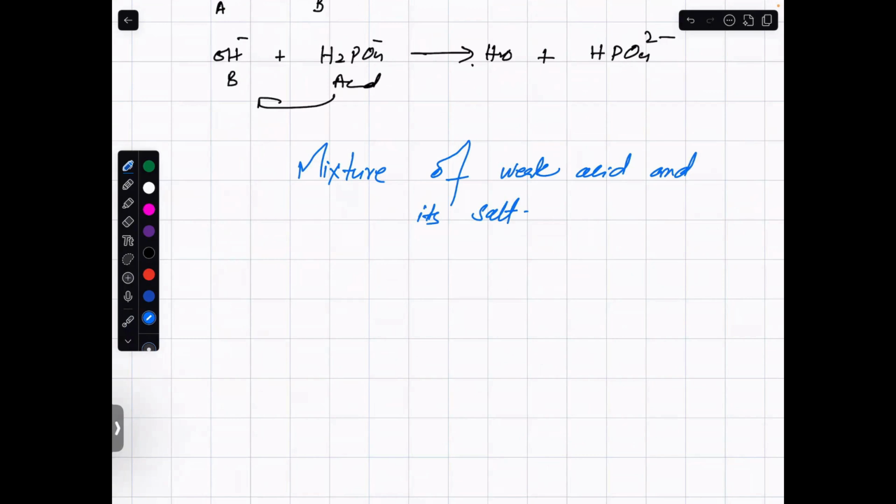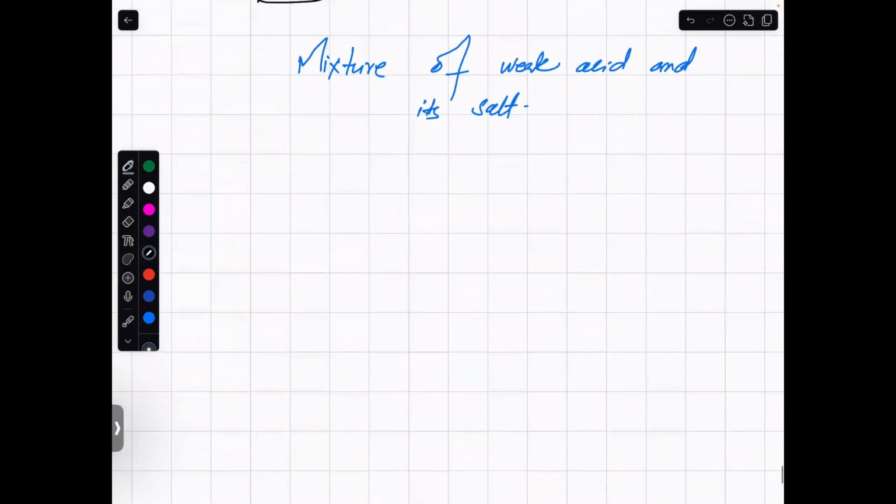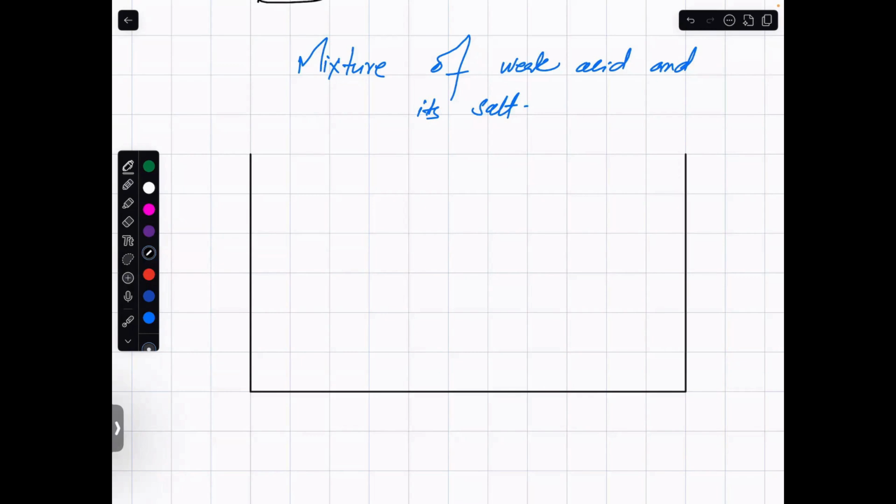Right? Weak acid and its salt. Suppose this is the container. We are going to do this in detail because this is linked to the pH calculation too. The same concept. This is a mixture of weak acid and its salt.